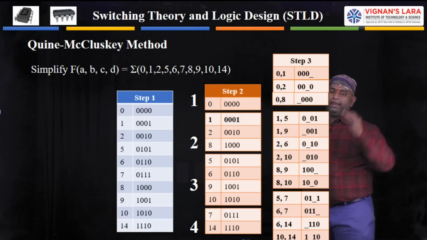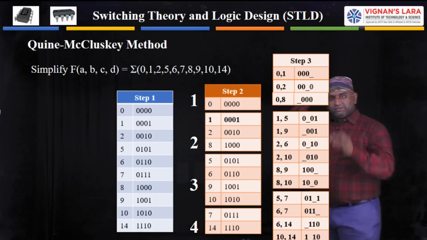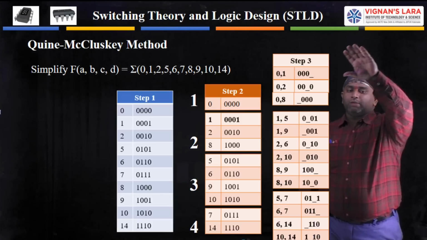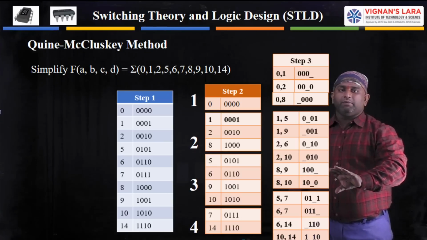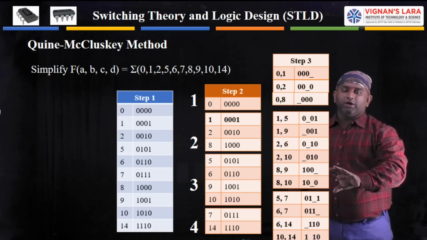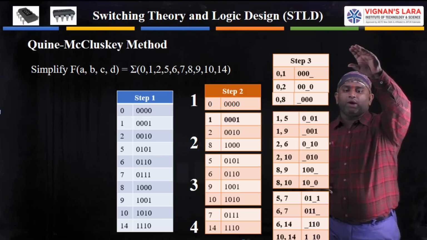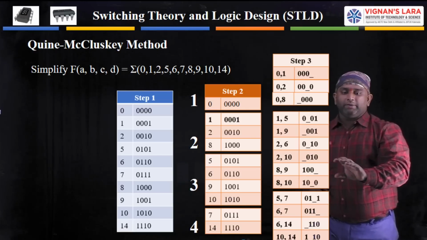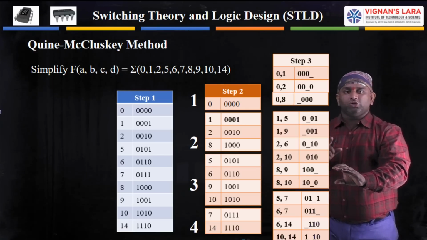0 comma 1 and 8 comma 9, see here, some similarities are available. Here 0 comma 1 consists of 0 0 0 dash. Next, 8 comma 9 consists of 1 0 0 dash. So from 0 comma 1 the first bit is 0 and the remaining bits are 0 0 dash, and for 8 comma 9 the first bit is 1 and the remaining bits are 0 0 dash.